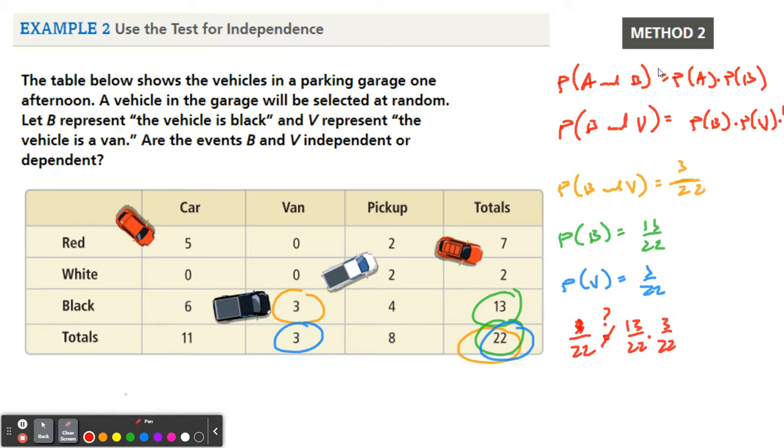Just to give you some proof, 3 divided by 22 is 0.14. 13 divided by 22 times 3 divided by 22, I got 0.08. Let me do that one more time just to make sure it's correct. Yep. So they're not equal. Again, this verifies that this formula does not work and they are not independent.